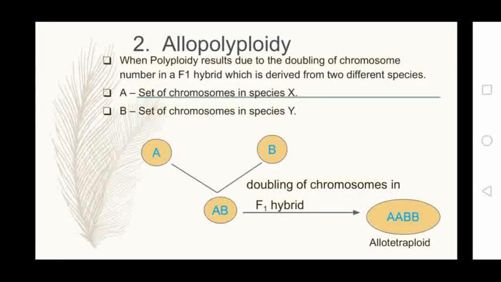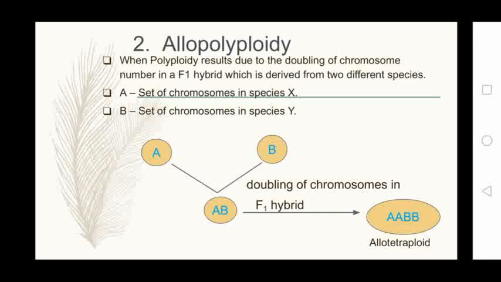And the second type of polyploidy is allopolyploidy. When polyploidy results due to the doubling of chromosome number in an F1 hybrid which is derived from 2 different species, here the chromosomal sets would be different, that is those chromosomal sets are derived from 2 different species.